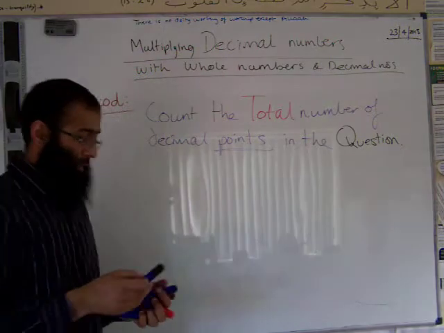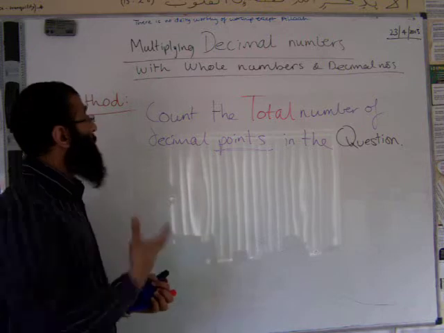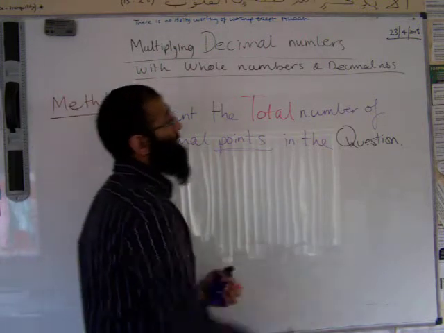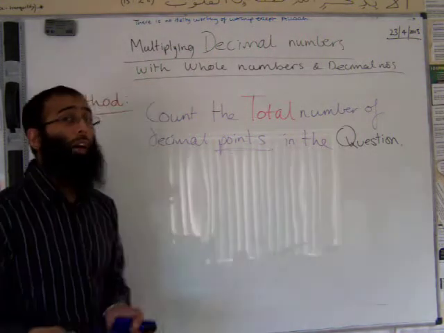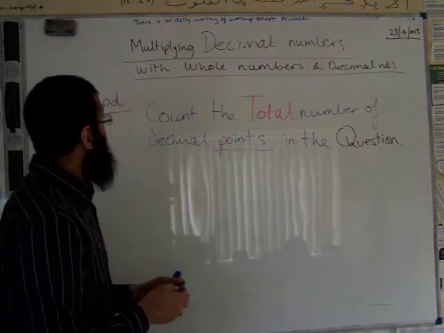So the first thing is we need to count the total number of decimal points in the question. It'll all become apparent when we do our first example, but I'm just explaining to you the rule. That's what we do first.